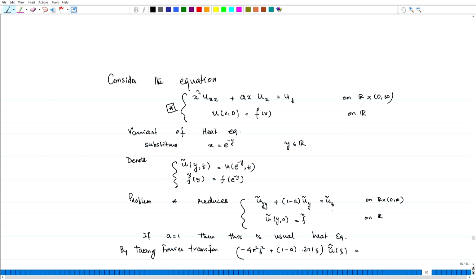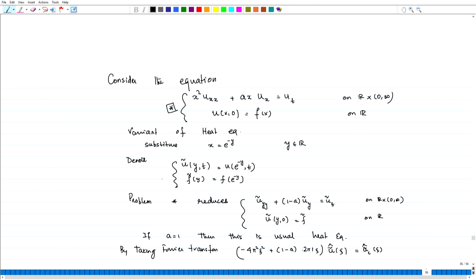This is equal to u t tilde hat of xi, as we have seen that the partial derivative with respect to t and the Fourier transform commute. So, this is an ordinary differential equation in the t variable.